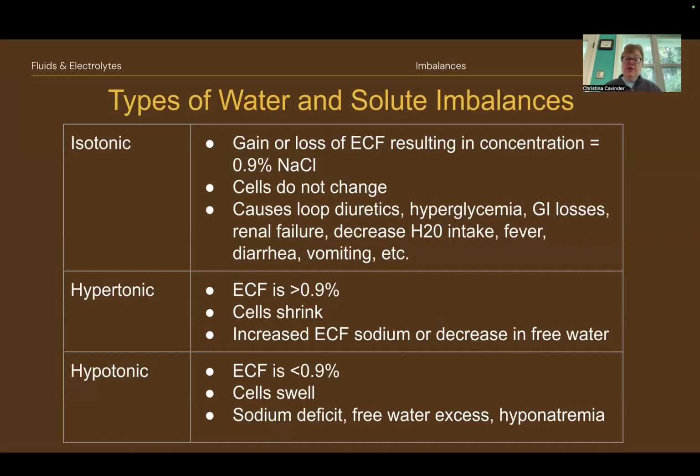Hypotonic is where your extracellular fluid is less than 0.9%. So now you have more solute in the cell. Water is moving from the interstitial fluid into the cell, and the cells will swell and eventually rupture. This is when you don't have enough sodium or you have free water excess.